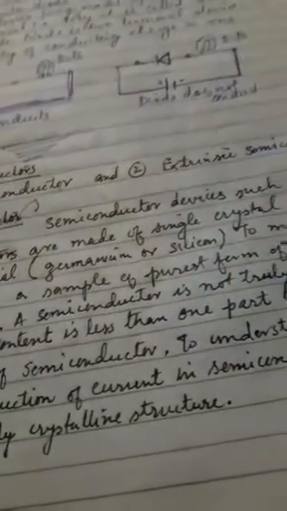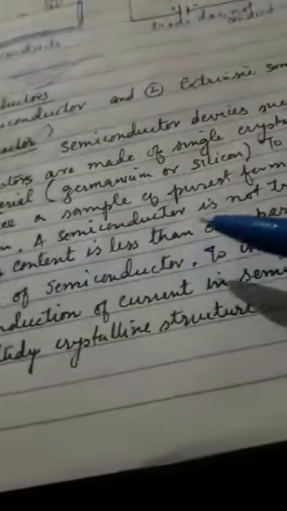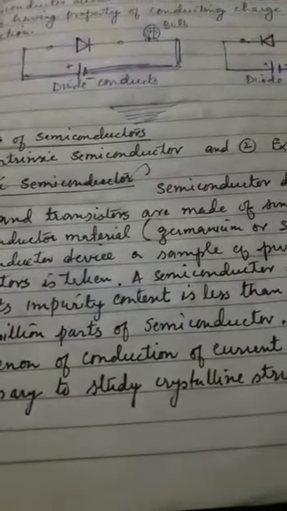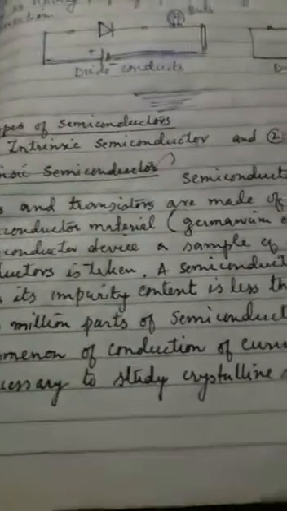To make a semiconductor device, a sample of the purest form of semiconductor material is used. The material is in its purest form, that's why it's known as intrinsic semiconductor.